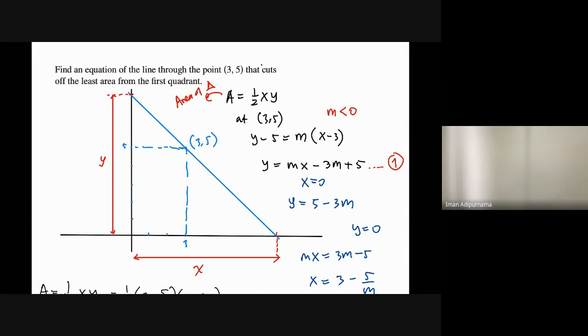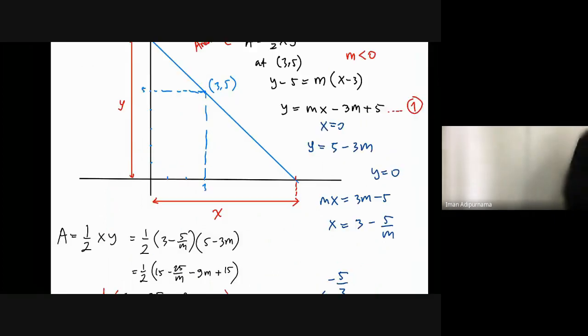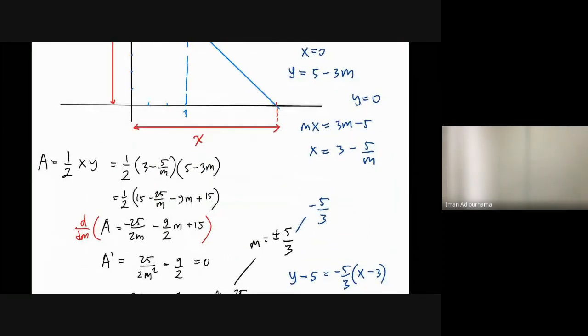Okay, and so from here we take the intercept to find the x equation, y equation here, the base and the height, and the base and the height put back through the area, and eventually you will have this equation, right? You solve the equation, look at how the equation will be, and then derive it. And of course, when you derive this, you already have exactly one variable, m. Okay.